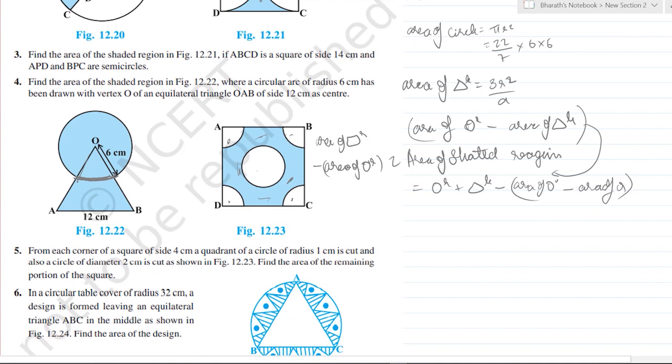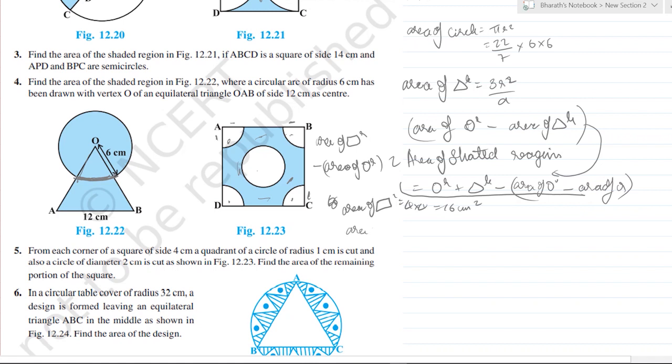And radius of this is radius of 1 centimeter. So area of square is 16. Let me go to area of square equal to 4 into 4, which is equal to 16 centimeter square.